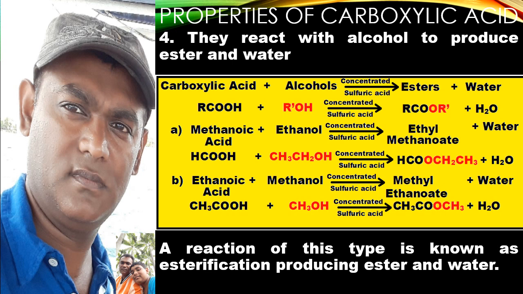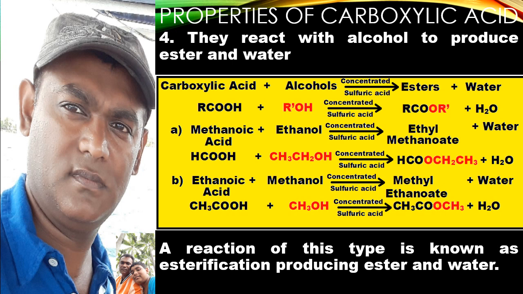Reacting in the presence of concentrated sulfuric acid as catalyst, it produces RCOOR' plus water. Actually, the OH group from the acid and the H from the alcohol react together to form water.